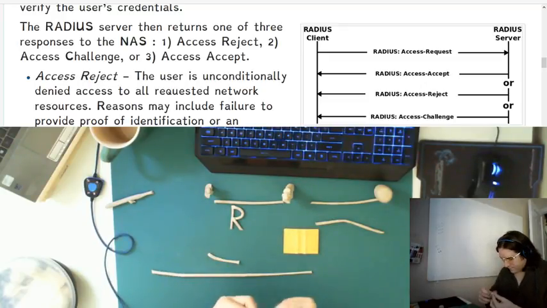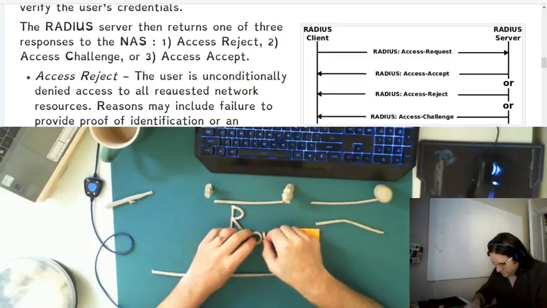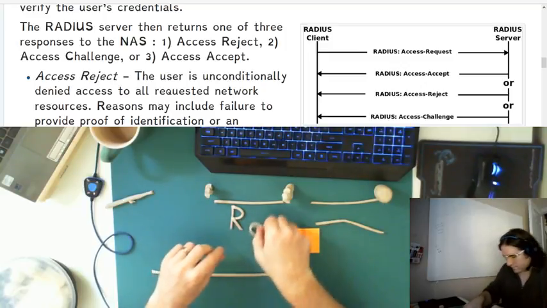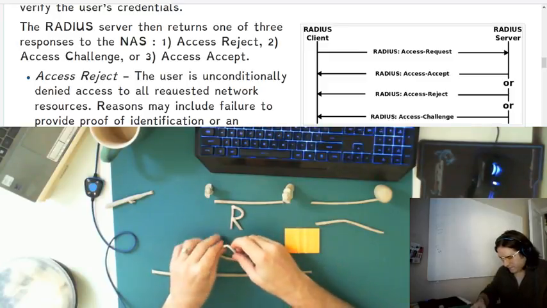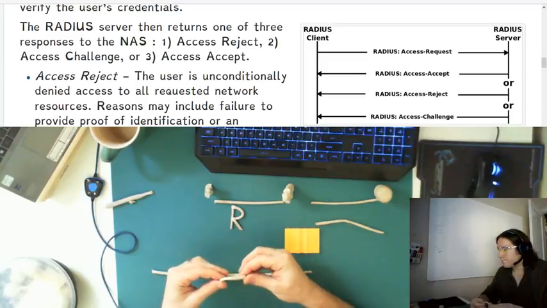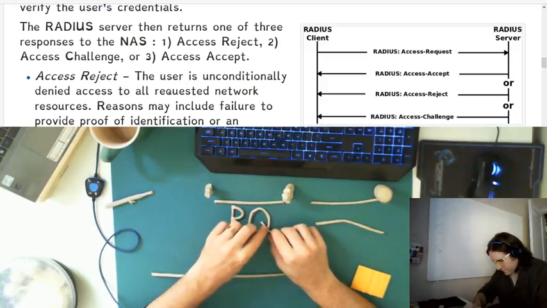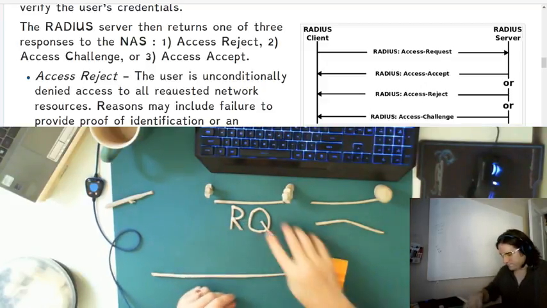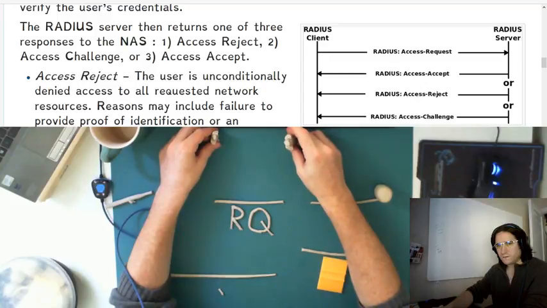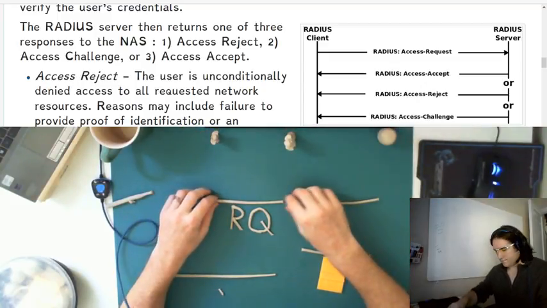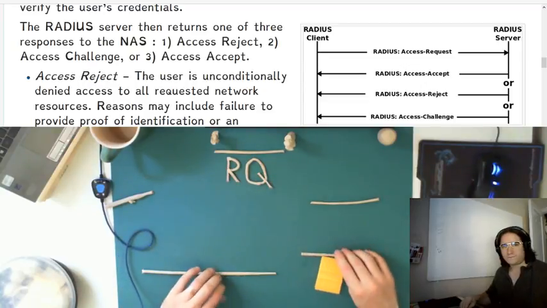Let's do a capital Q. That's an access request. Perfect.